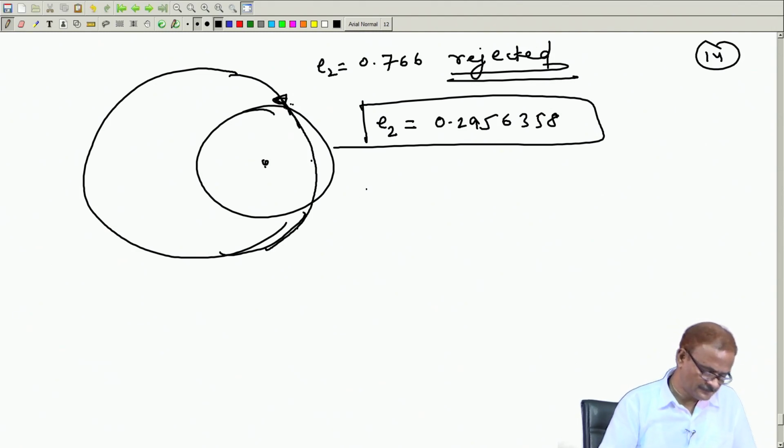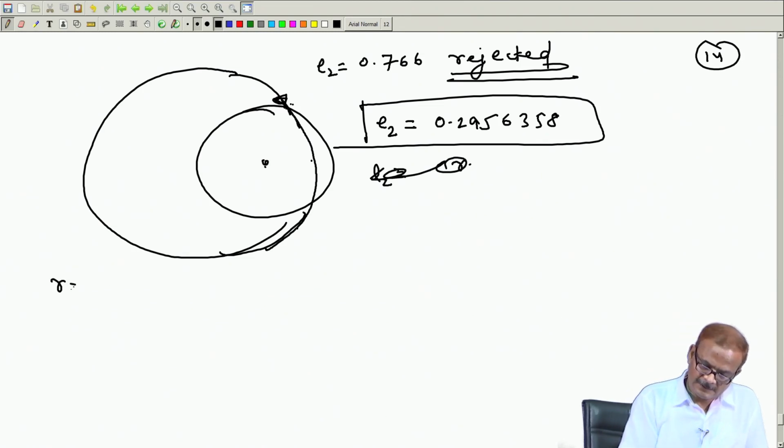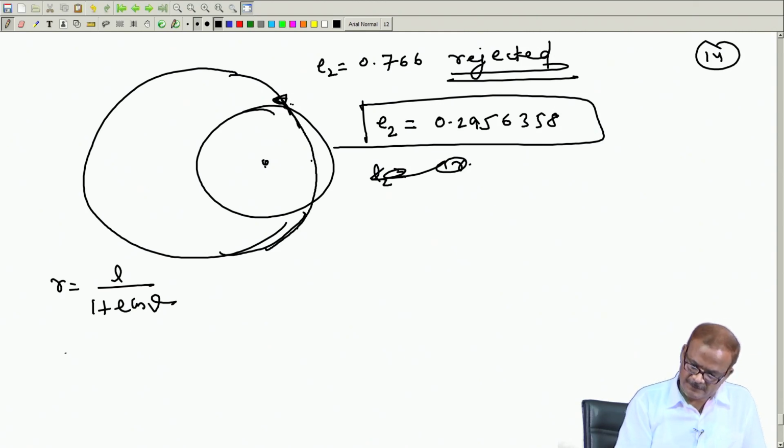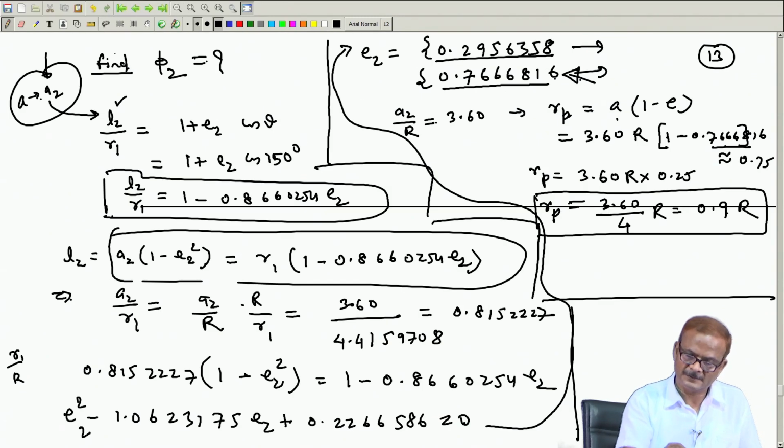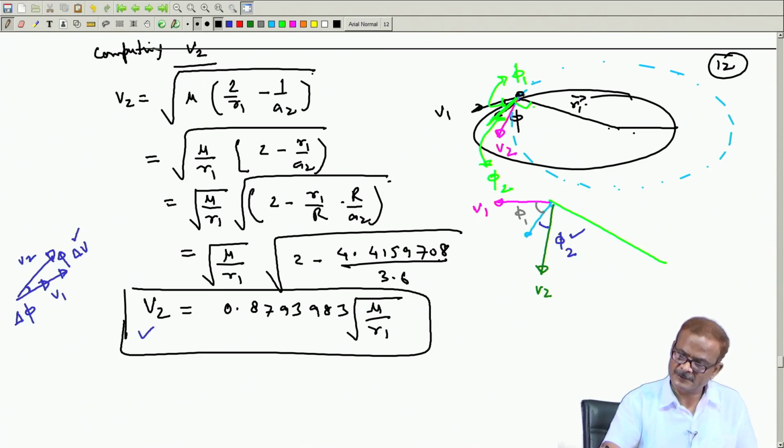So, the corresponding L 2 then becomes, we know that r equal to L by 1 plus E cos theta. Here r 1 is not changing at the position where we are giving the impulse, which is this point.